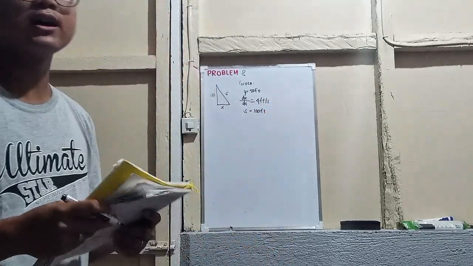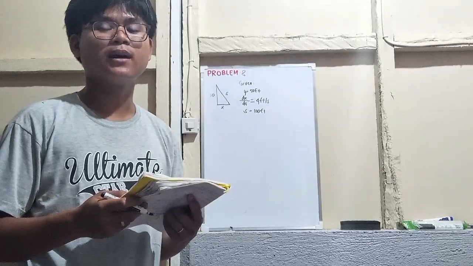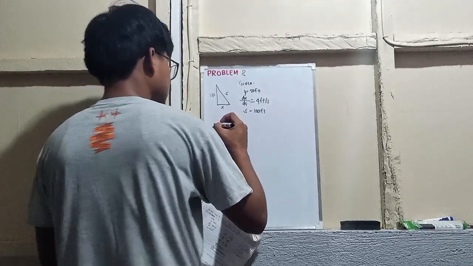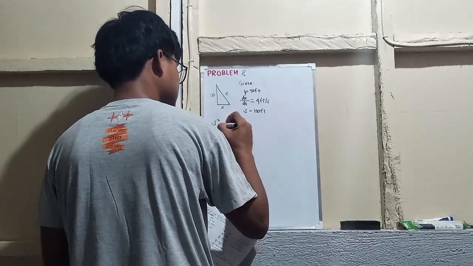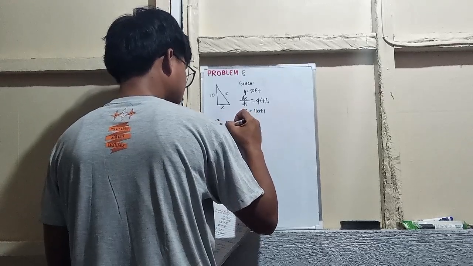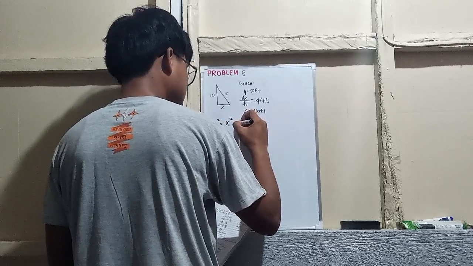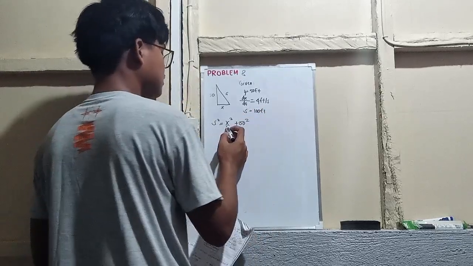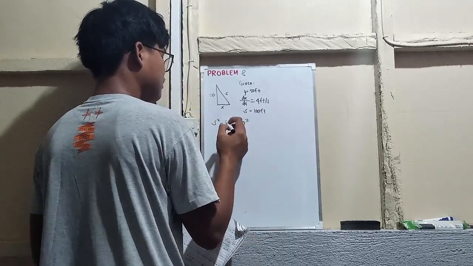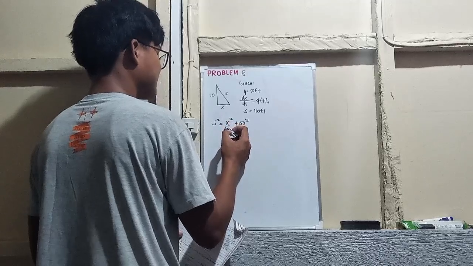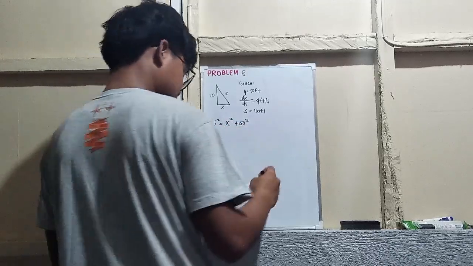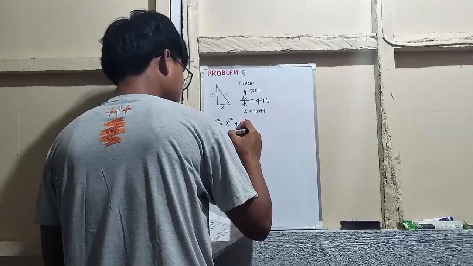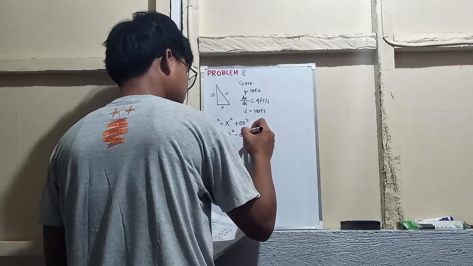Since it is a right triangle, we'll use the Pythagorean theorem. So we'll have the formula s squared is equal to x squared plus 50 squared. We'll transpose so that we can find the value of x. So x squared is equal to s squared minus 50 squared.